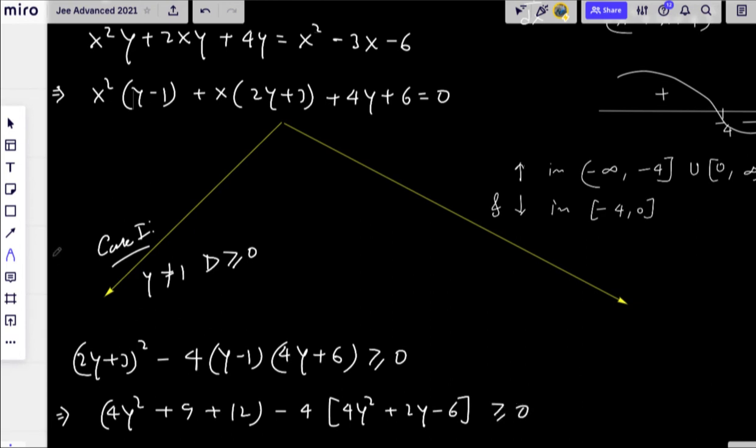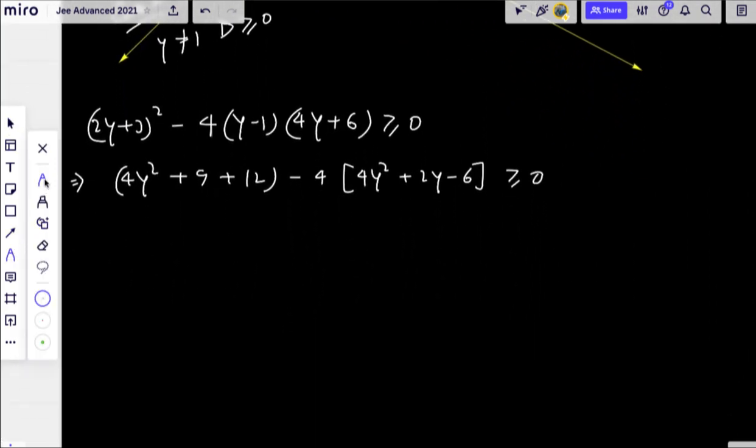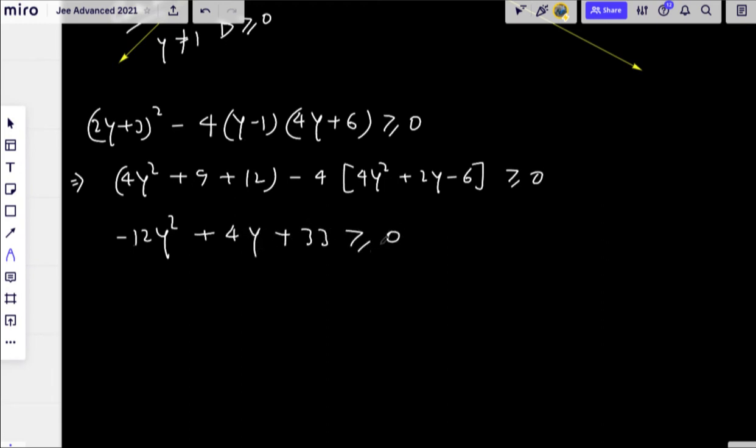So finally, after solving, we see 4y square minus 16, 16 minus 4, that is minus 12y square. So minus 12y square plus 4y plus 33 is greater or equal to 0.